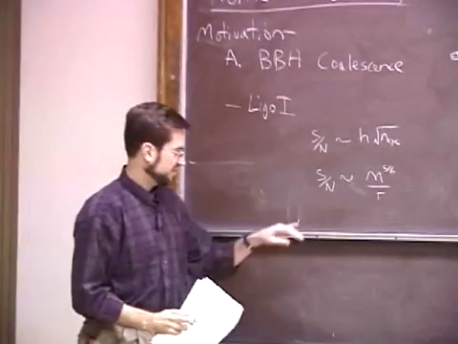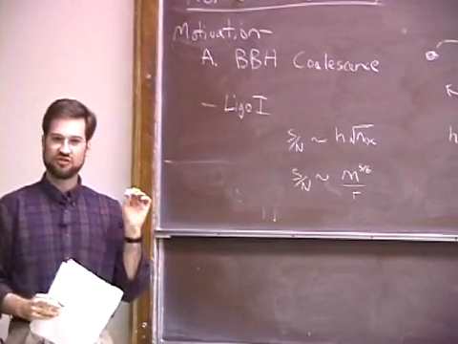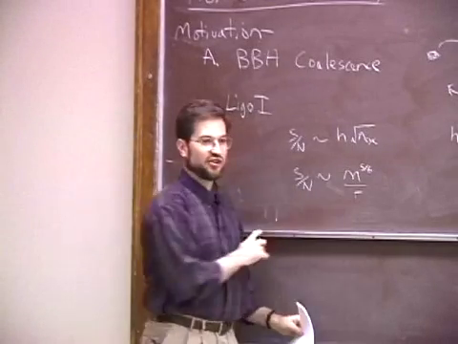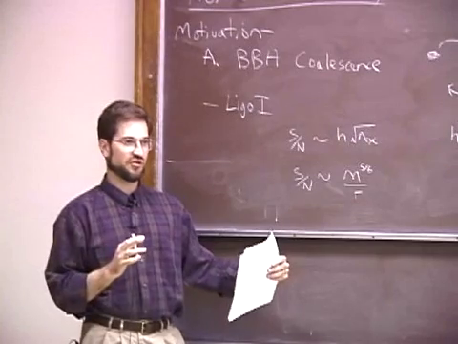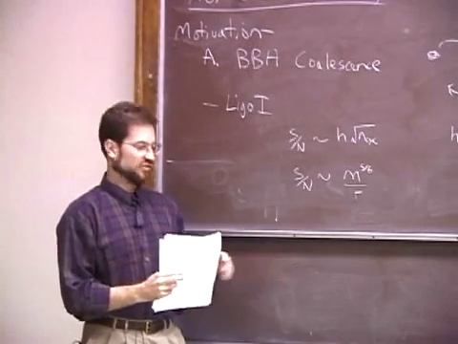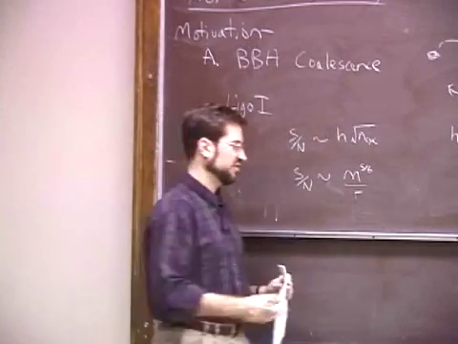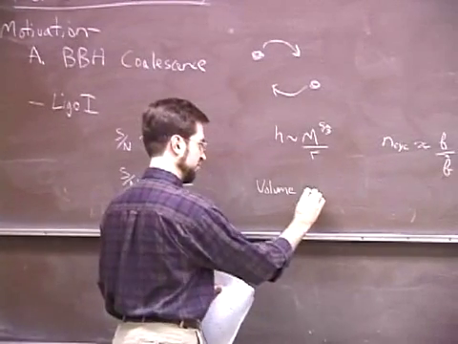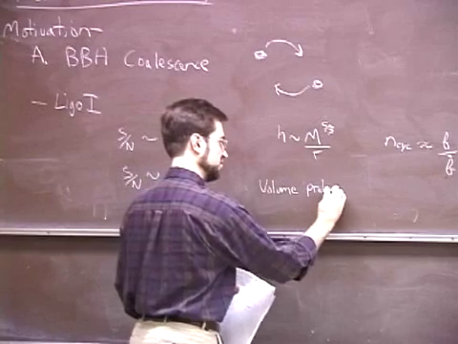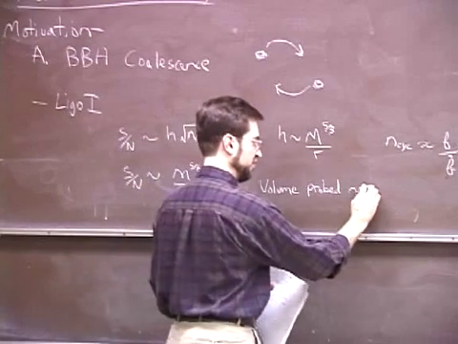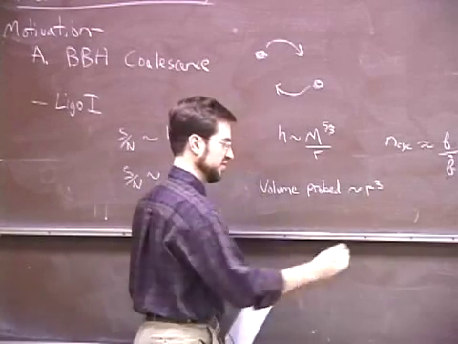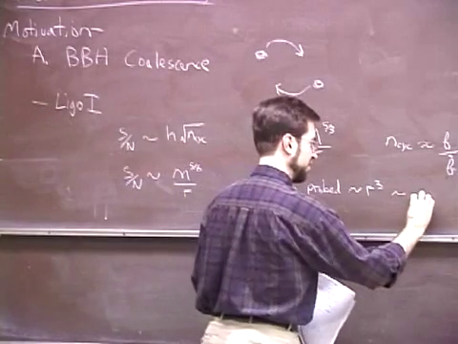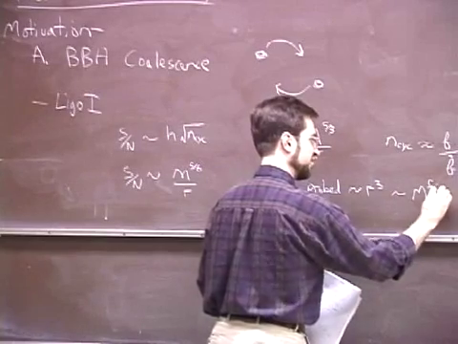And that means that if you could see up to a particular signal to noise, then the volume of space that you can look at, given that signal to noise threshold, the volume probed, is roughly like r cubed, and that's going to go roughly like m to the 5/2.